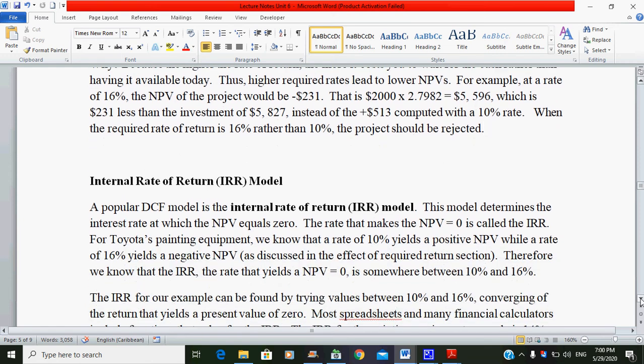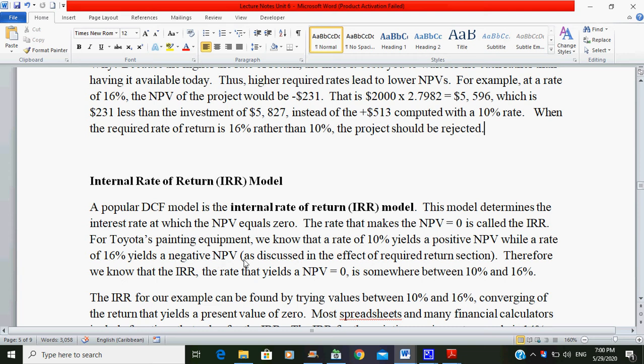A popular DCF model is the internal rate of return, otherwise called the IRR model. This model determines the interest rate at which the NPV equals zero. The rate that makes the NPV equal zero is called the IRR. For Toyota's painting equipment, we know that a rate of 10% yields a positive NPV, while a rate of what? 16% yields a what?